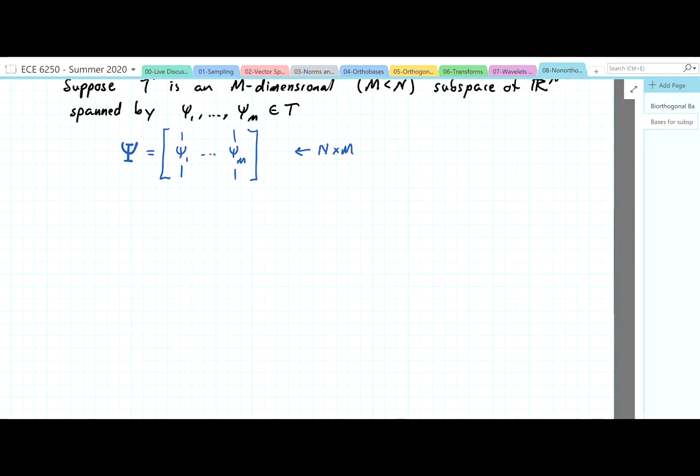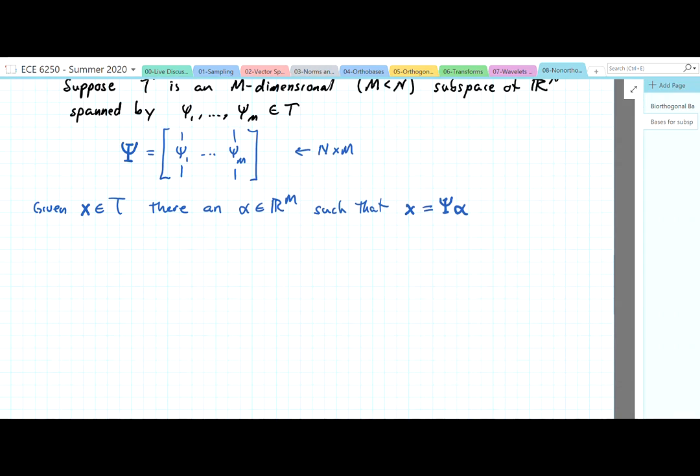If we are given x in T, we know there exists a set of coefficients that will reconstruct x, and there's going to be m of them. So how do we get at the reproducing formula here?